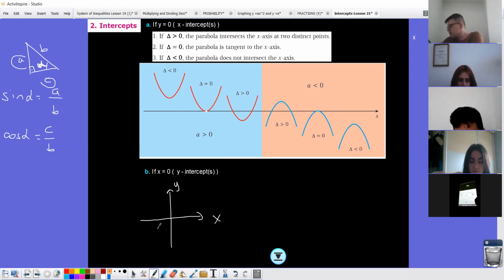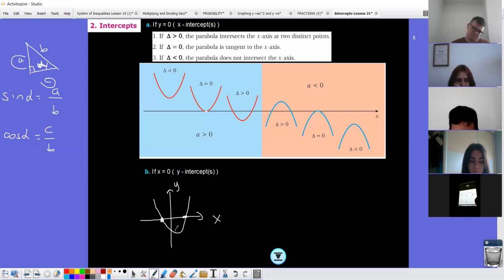But teacher, to find the x-intercepts, the y has to be equal to 0. Yes, the y has to be equal to 0. And here, for example, my parabola is like this. So these points are x-intercepts, the points where the parabola cuts the x.